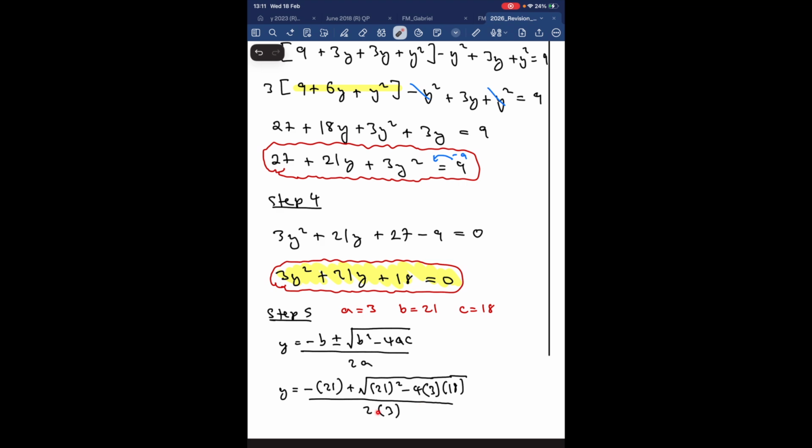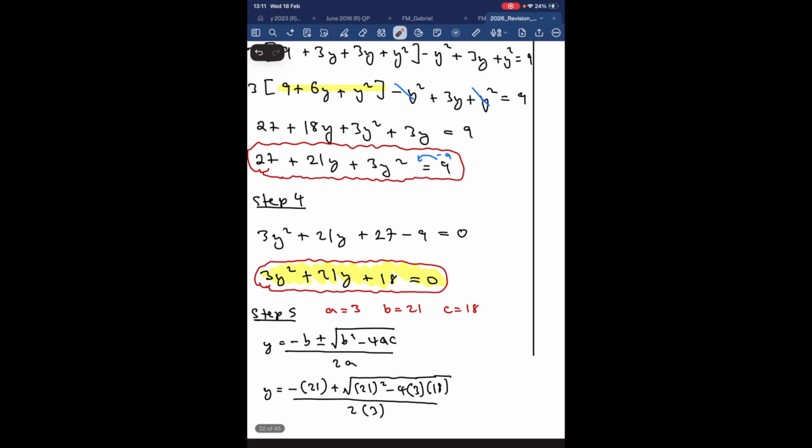Now, when you work this out on your calculator, remember we're going to get two values because it's a quadratic. If I type this into my calculator in one go, the first value that you're going to get is y is equal to minus 1. To get the second value of y, we need to change that plus to a minus.